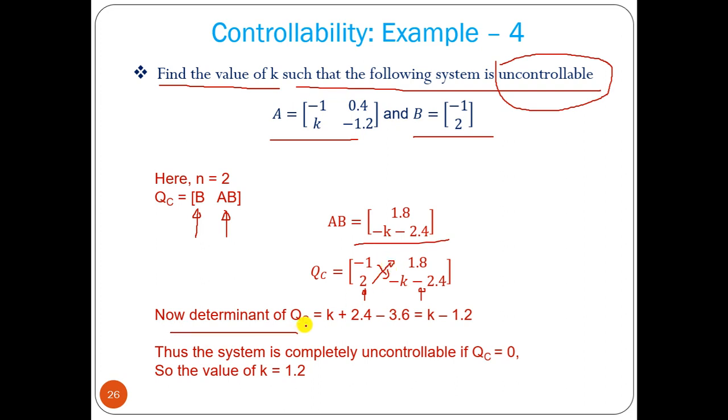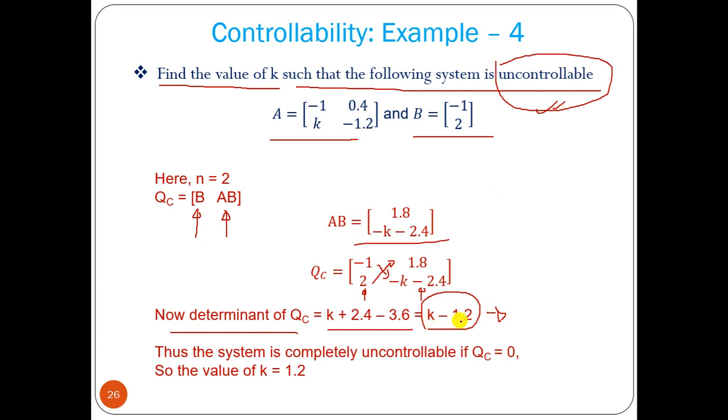We have to find out the determinant of that QC. So it will be minus K plus 2.4 minus 3.6, so K minus 1.2. That is the determinant of the QC matrix, the controllability matrix. So what should be the value of K so that the system becomes uncontrollable?